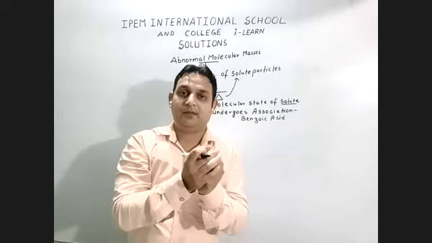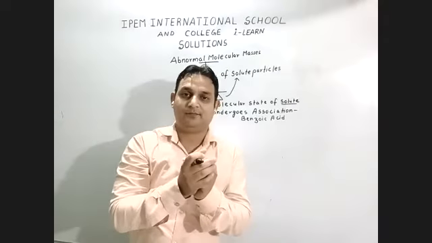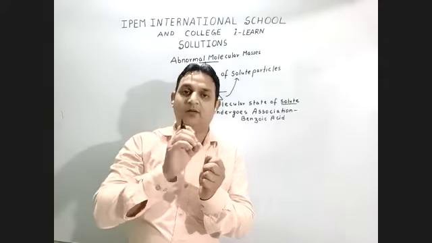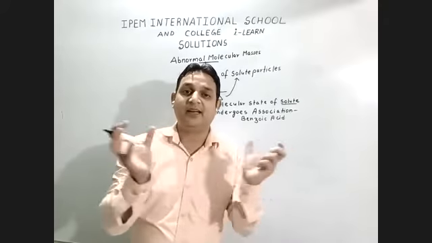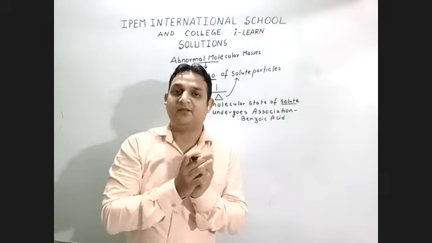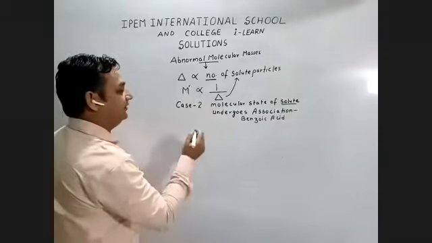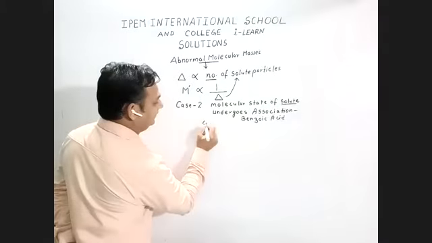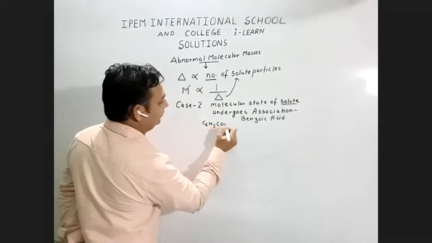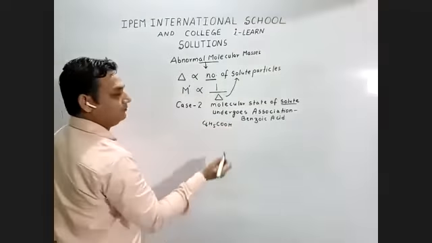Like the World Health Organization, all the countries united together, the United Nations. So what is happening here in the benzoic acid? If we take the benzoic acid, we have C6H5COOH.